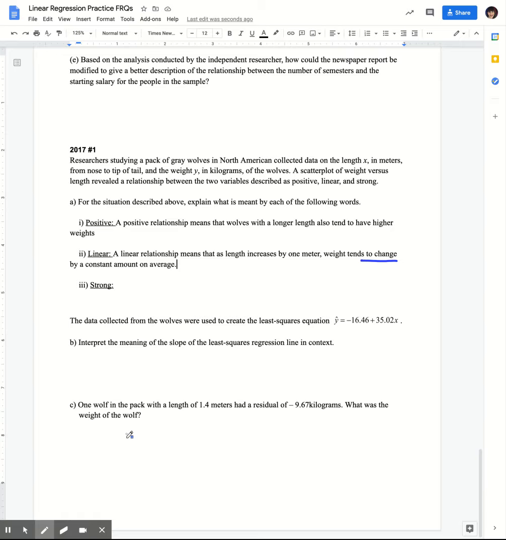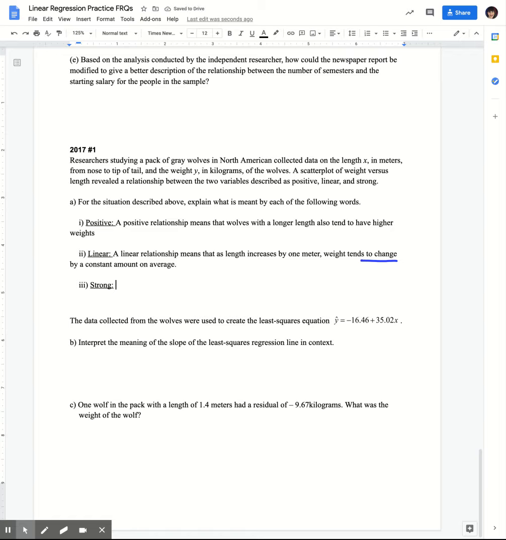Well, we do know it's positive, but if you're talking about a linear relationship, you don't have to be as specific as the slope, like going up or down, right? For linear, if you're just interpreting that word, it just means that the y variable tends to change at a constant rate or by a constant amount every time the x variable increases by 1.